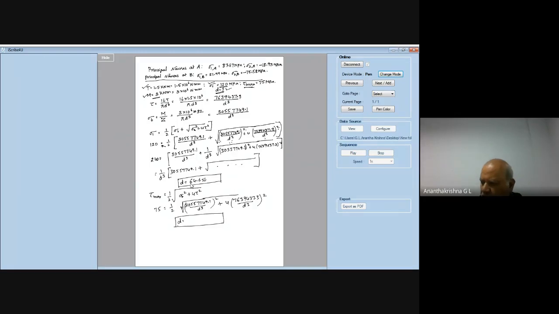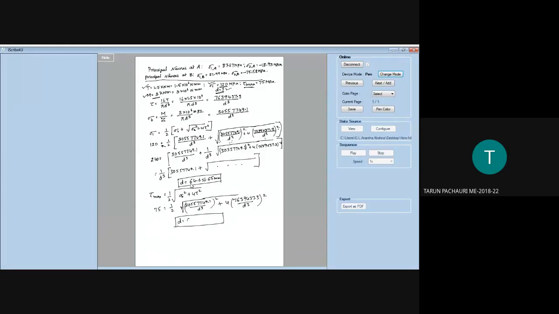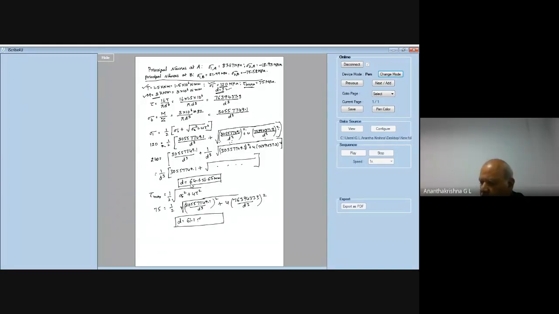And that is rounded off to 65 mm. Tau max, 61.1 mm, that is 62 millimeter is the answer. That's correct. Others, please write the equations, do the substitution, and then get me the value.